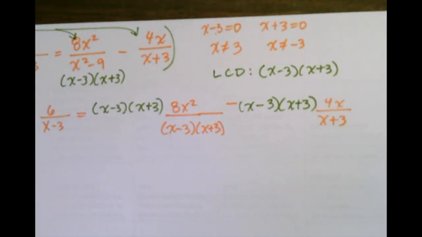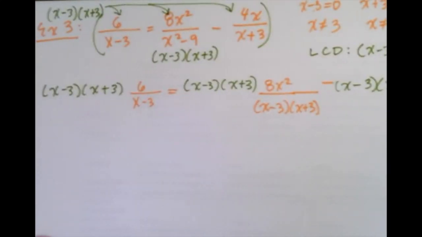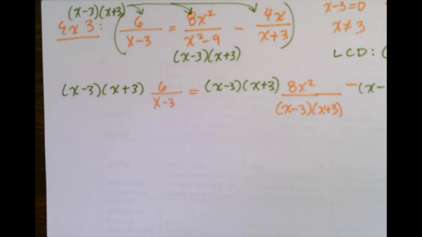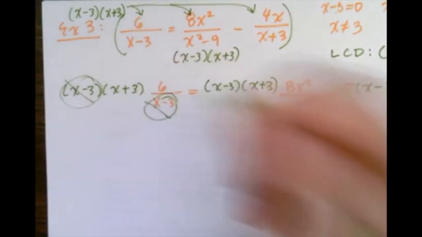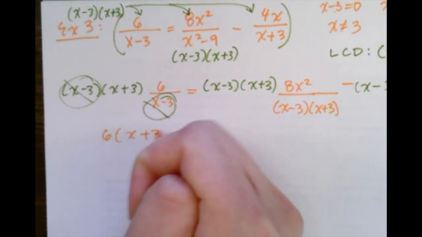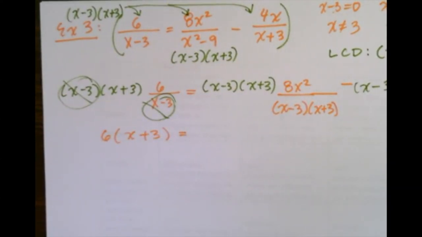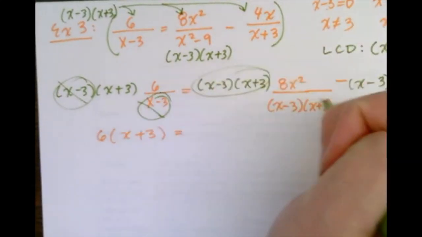Okay, so again, you don't have to do this step every single time. You might see what happens without writing it all out. But now let's see what cancels. So in the first term, that x minus 3 is going to cancel. So I'm left with a 6 and an x plus 3. Over here, the entire thing cancels, right? Same thing on top and bottom. Isn't that satisfying?